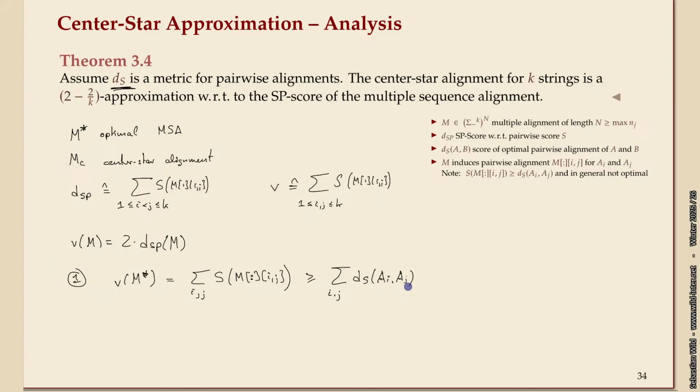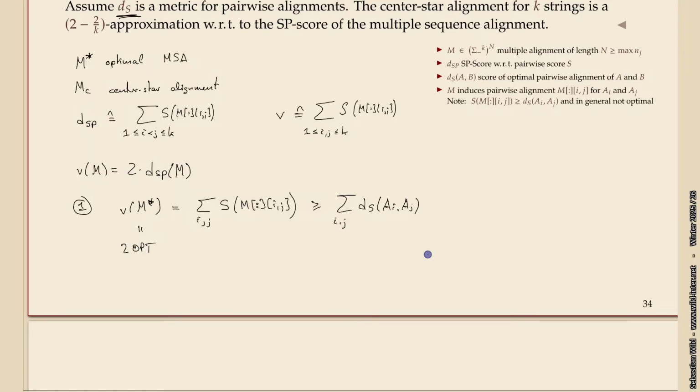That's going to be a lower bound for opt. Right? Okay, this is 2 times opt. Easy.